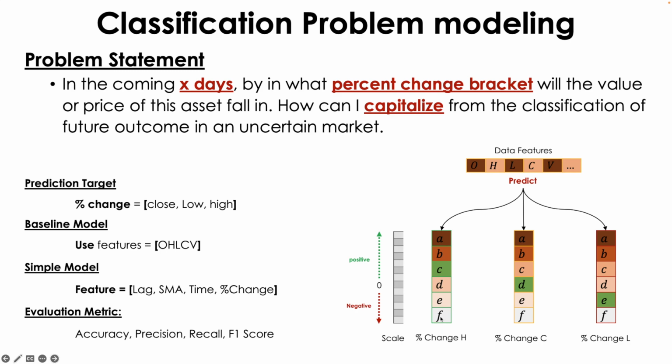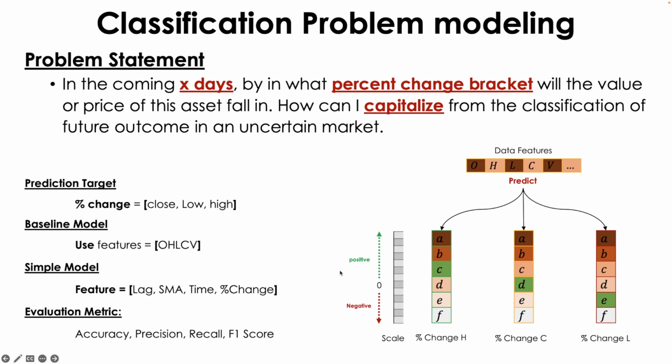So what we are going to do here is put the percentage change of an asset into bins, into classes. And we are going to try to classify into the future, right? Given days into the future, we're going to try to predict what class it is going to fall in.